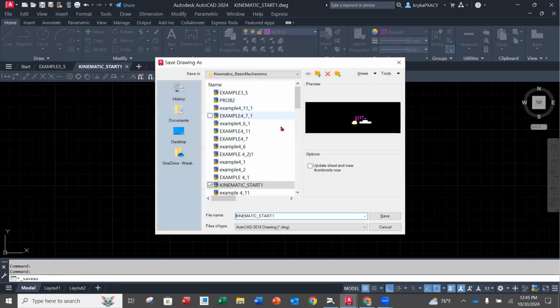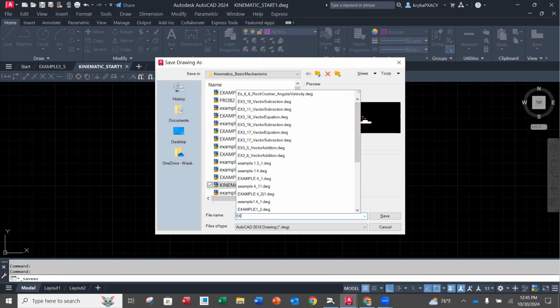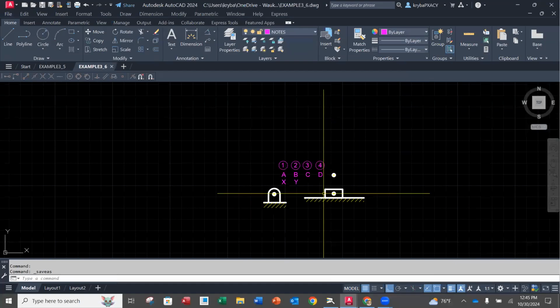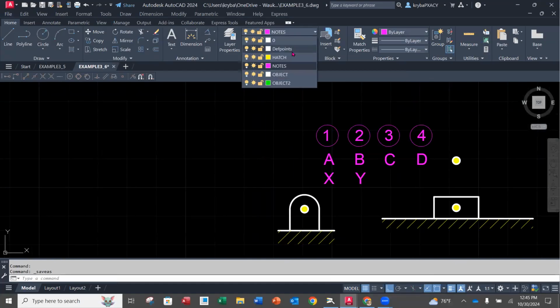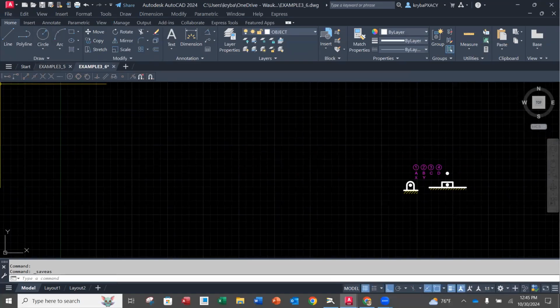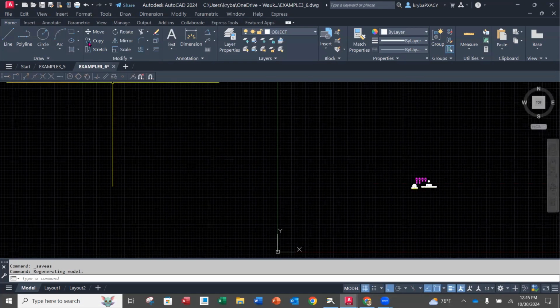Save as. This is going to be example 3_6. Okay. And then we'll compare in just a bit once we get those four vectors drawn.